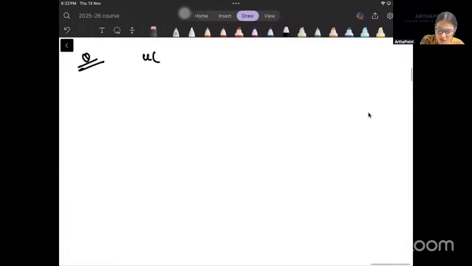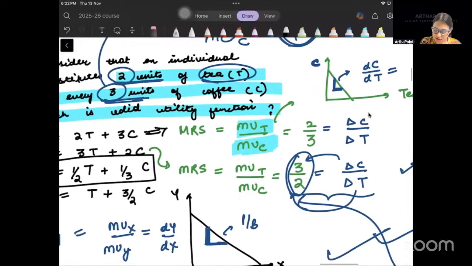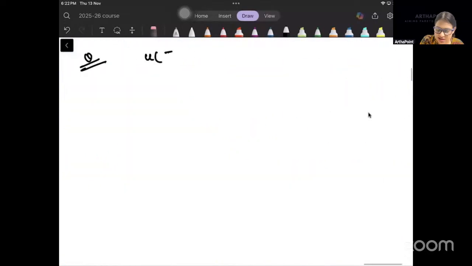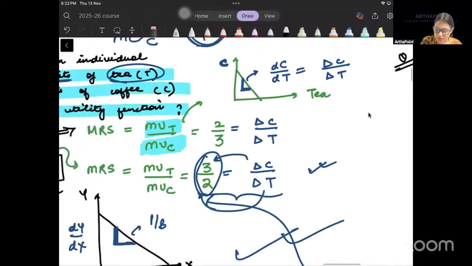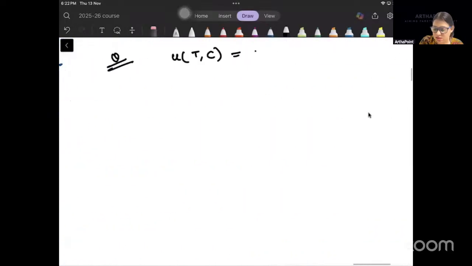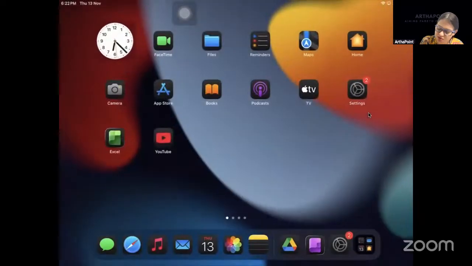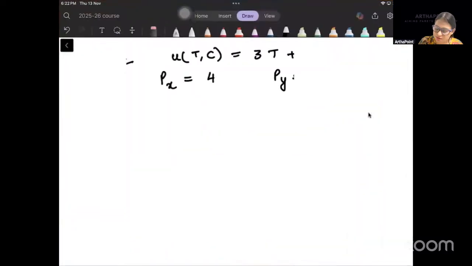So now we know that your indifference curve is 3t plus 2c. I am giving you price of tea is 4, price of coffee is, say, let's take it to be 9. Income is 36.